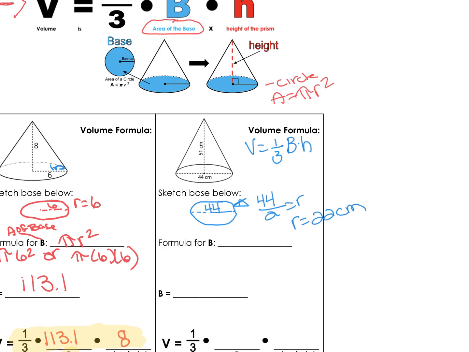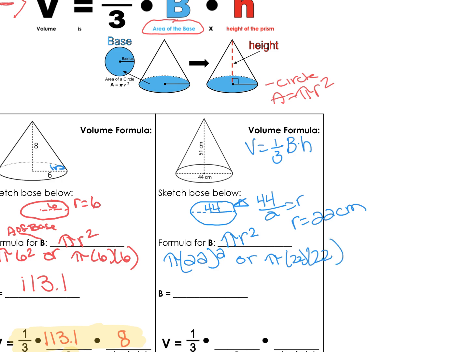Now I'm going to calculate my big B, or my area of a circle. So my formula is pi r squared. I'm left with pi 22. Make sure you use your r, your radius, not your diameter. I can plug pi 22 squared into my Desmos calculator, or pi 22 times 22.